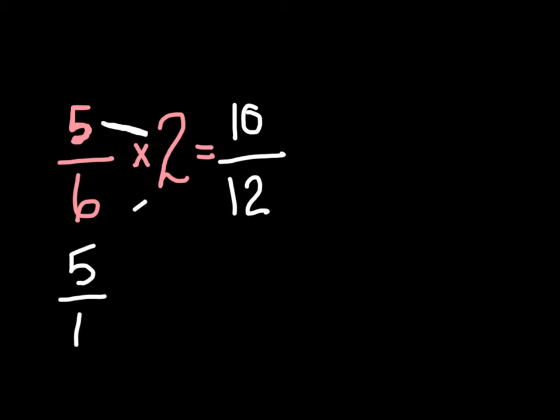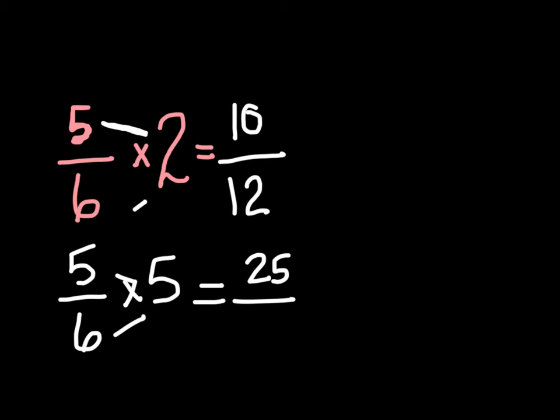If I wanted to find another number that was equivalent to 5/6, just do the same thing. But this time, instead of multiplying by 2, let's multiply by 5. Remember, I have to do the same thing to my numerator and my denominator. So 5 groups of 5 is 25. And 5 groups of 6 is 30. Whoops, I messed that up, didn't I?